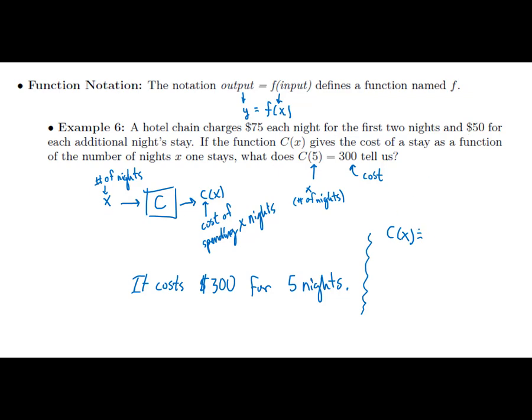So when we're calculating this, the first 2 nights are going to be $75, right? So 2 times 75. And then those last 3 nights of the 5 are going to be 50. So we have 150 there and 150 there. And so putting all that together, of course, is going to give us that $300 that they were talking about.